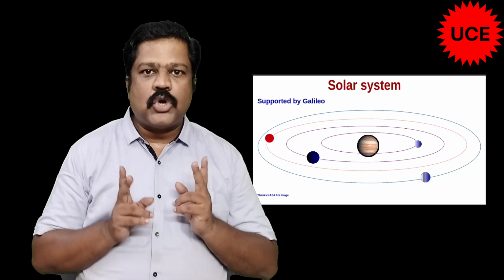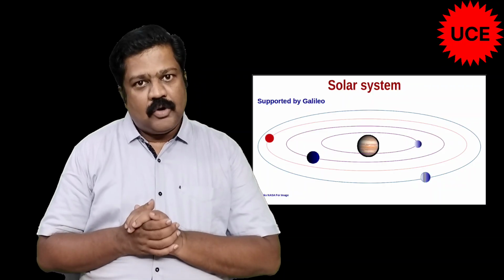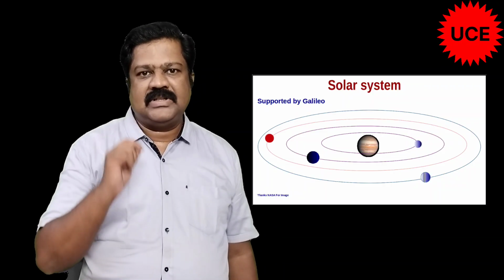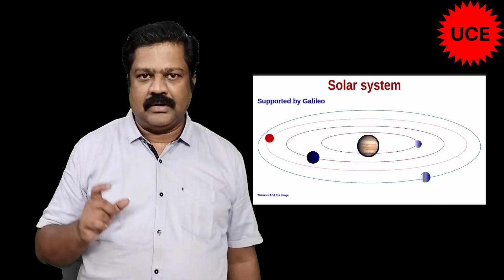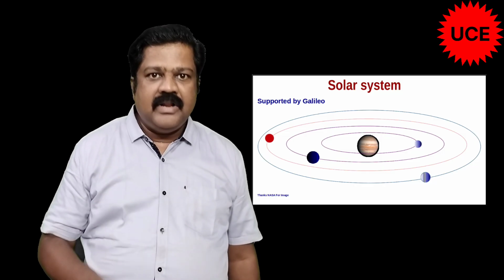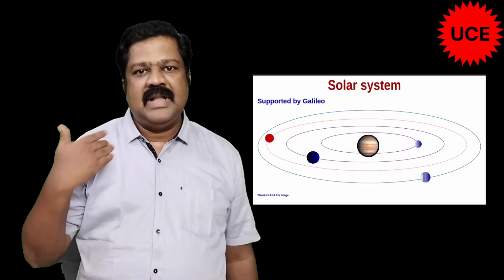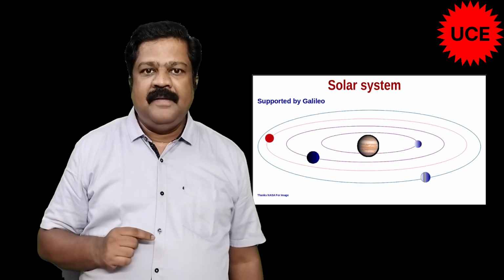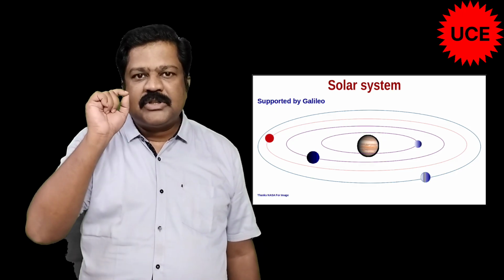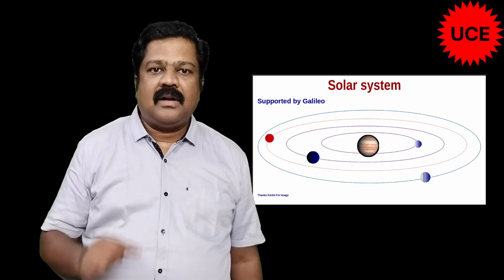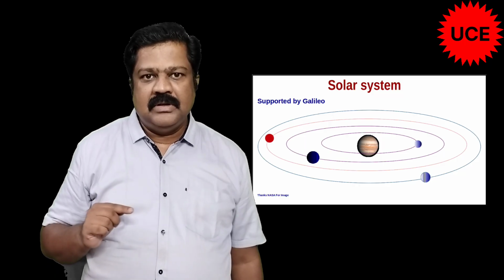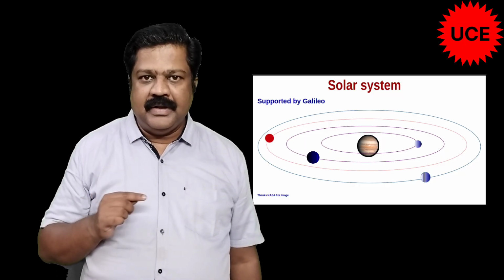And then he observed Jupiter through this astronomical telescope. He observed that four dots are there around Jupiter. He studied them over several nights and concluded that these four small dots were changing their position, but they were around Jupiter only.